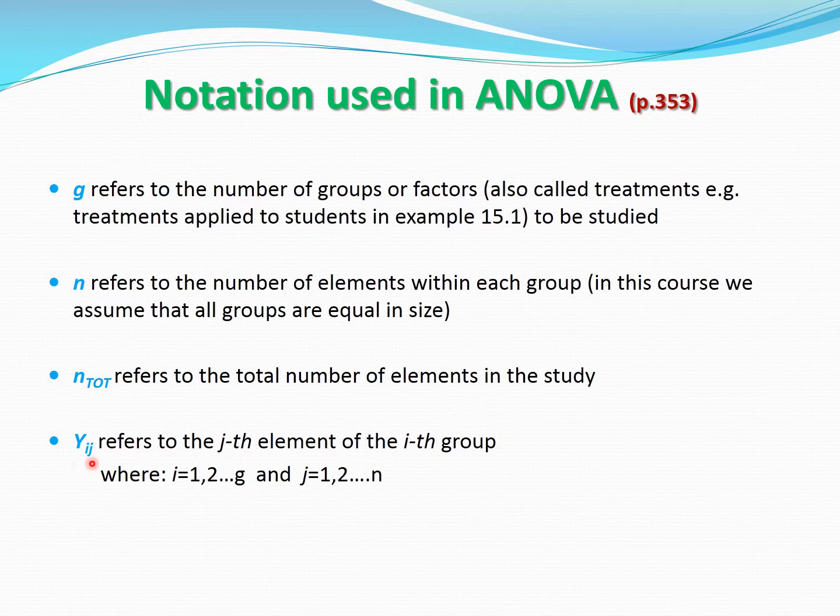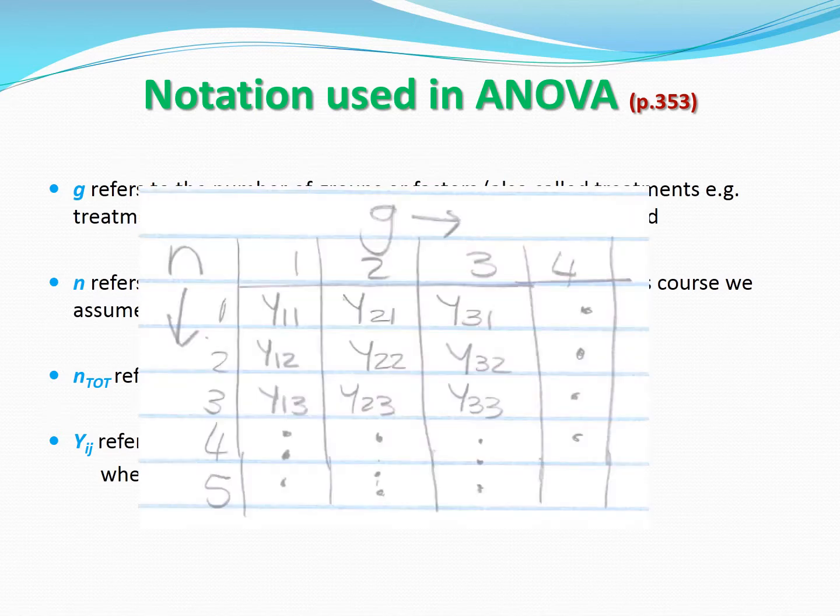Then Yij refers to the jth element in the ith group. So that means that all 20 students can be numbered in the different groups. I gave you an example here. Let's say that we have 4 groups in total and we have 5 elements in each group.